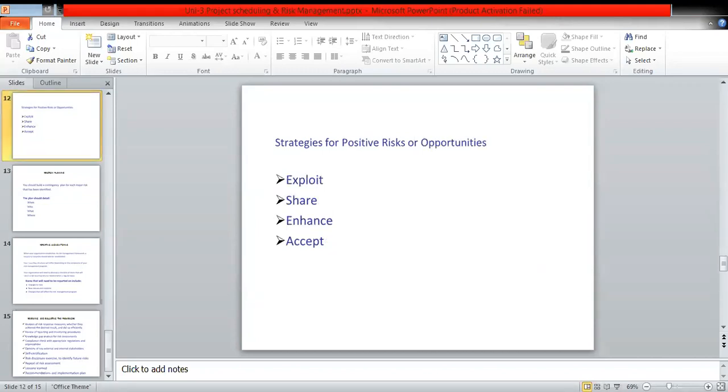Strategies for positive risks or opportunities: exploit, share, enhance, and accept. In some projects we have seen that they exploit their labor or people. We feel like they exploit, but no, it's not like that. Exploit means they have committed that you work 12 hours, or you work 8 hours, right? Whatever time you have given to the management or company, you follow it.